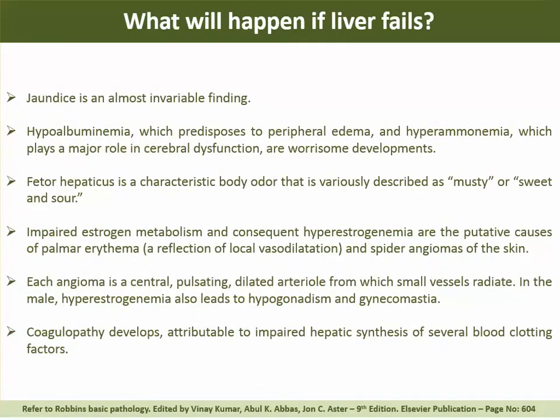So what will happen if the liver fails? You will get jaundice, because bilirubin excretion is affected, and the liver cannot produce albumin. That will produce hypoalbuminemia, and that leads to peripheral edema. The whole body will be swelling. They also produce hyperammonemia, which means the ammonia level will be increased.